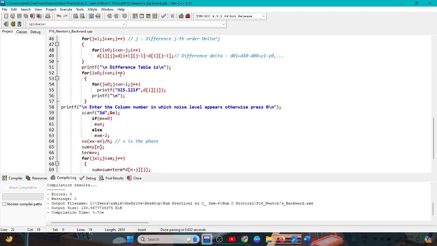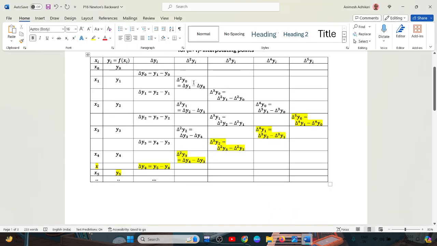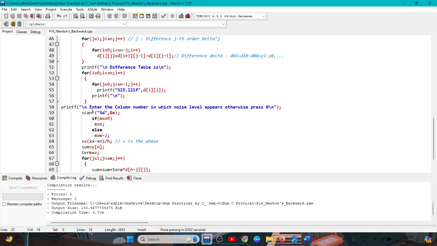d[i][j]. Actually we write here row wise, the differences delta y0, delta 2 y0, delta 3 y0, delta 4 y0, delta 5 y0, and so on, for j equal to 0 up to n minus i, that is 9 minus 0 for i equal to 0.